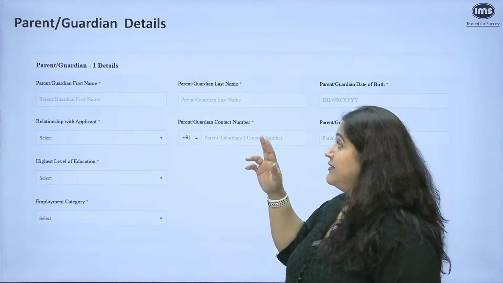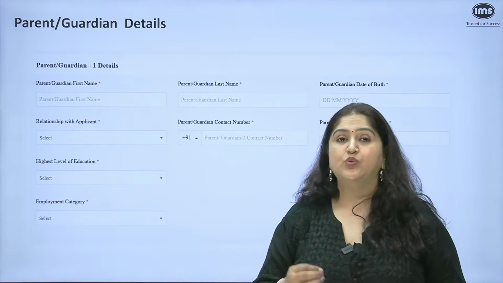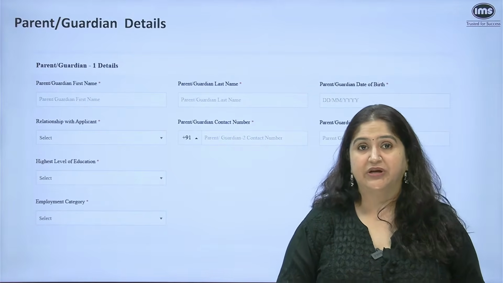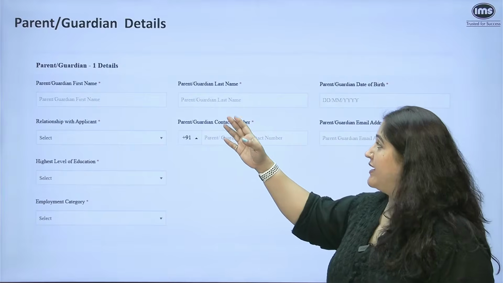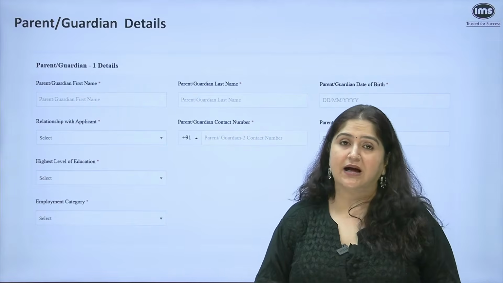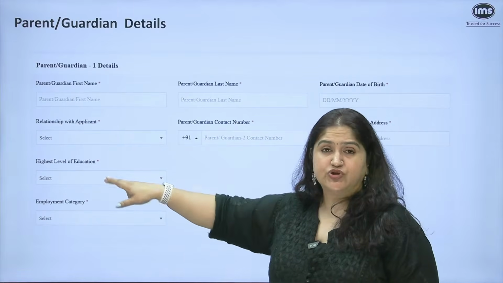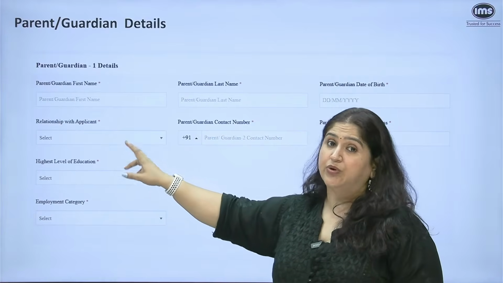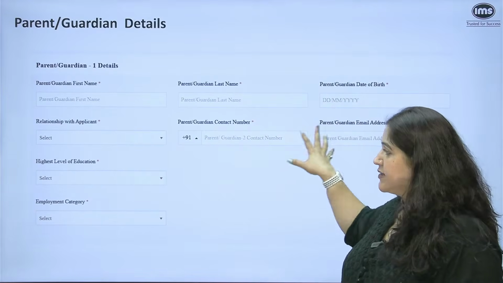Okay. The next section is about your information on the parent or the guardian front. So whoever the guardian is you are mentioning, you would require the details of that particular guardian. So you would require their first name, their last name, the date of birth, and how that particular guardian is related; if it's a mom, dad, you need to ensure that you select the relationship there. If it's a guardian, you also need to ensure you select the correct relationship there. Okay, the details of the guardian.